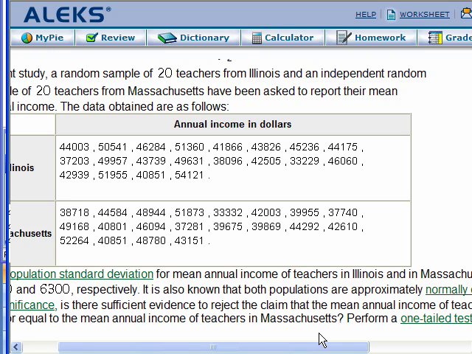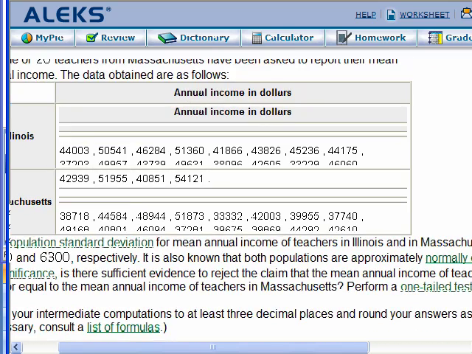Since they did not give us another mathematical statement, we're going to take what's the opposite of being less than or equal to. So less than or equal to, the opposite would be mu1 greater than mu2. And in order to determine the null hypothesis, that's going to be the hypothesis that has the equal sign. So let's go ahead and write that part in.